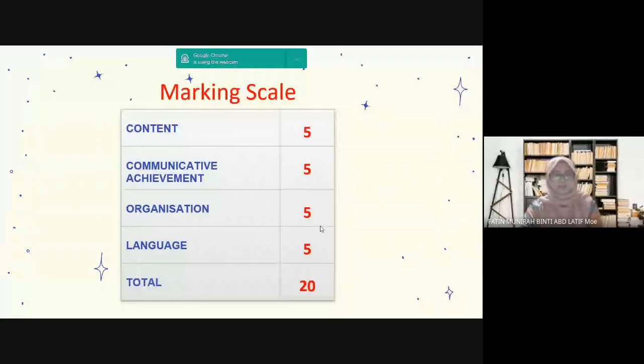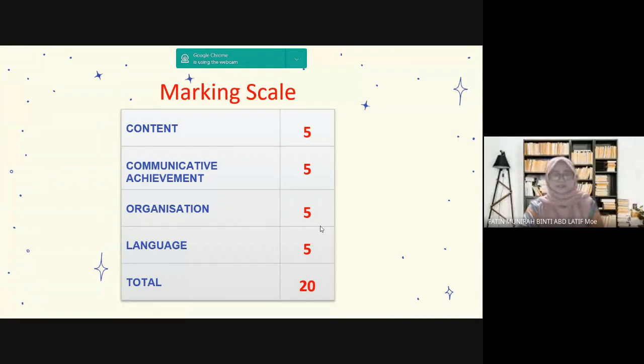Okay, communicative achievement, whether you are able to deliver a good type of essay. Okay, depends on the type, whether you are able to engage with the reader, boleh berhubung dengan pembaca.